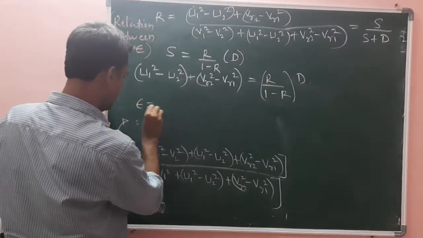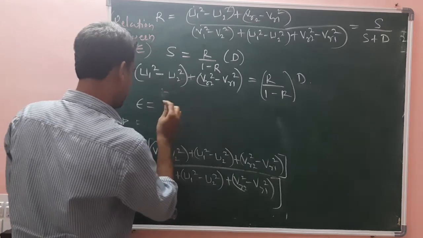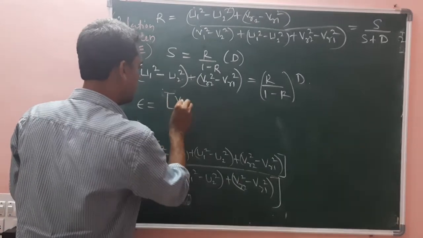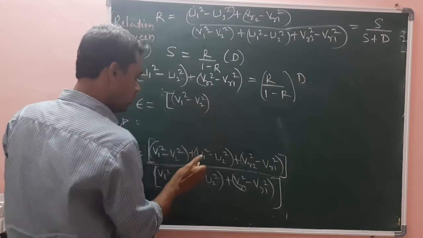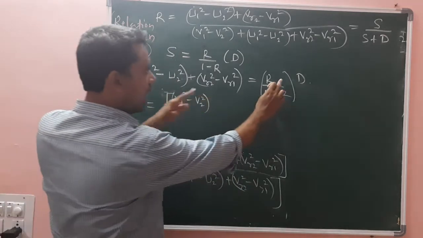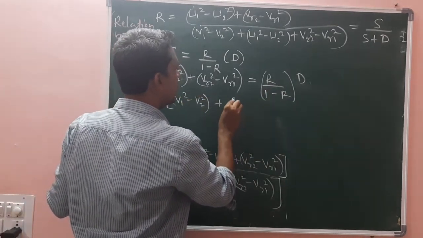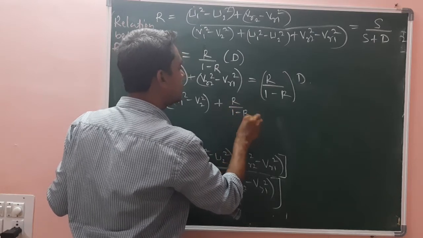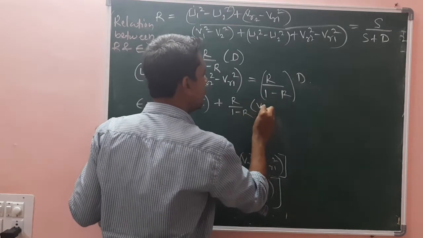Epsilon is equal to v1 square minus v2 square, this is one term, divided by u1 square minus u2 square plus phi r2 square minus phi r1 square, which I replace by R divided by 1 minus R into D, plus R divided by 1 minus R into D. D is nothing but the dynamic component, v1 square minus v2 square.